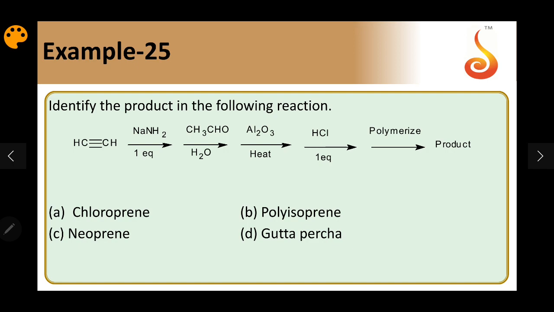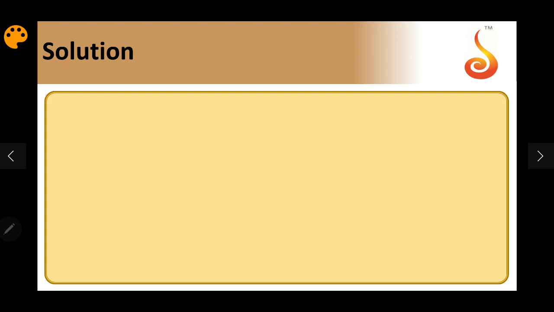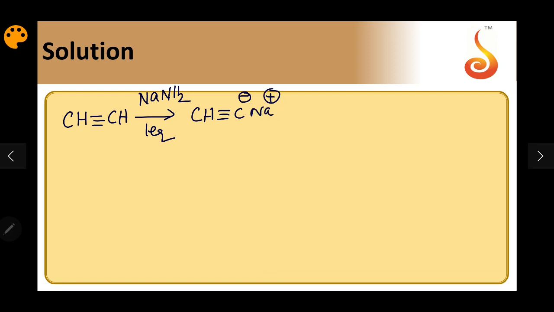Identify the product in the following reaction. So a series of reactions is given. We will just work that out. The given sequence goes like this. You have acetylene, one equivalent of NaNH2. So one hydrogen will be taken out, CH triple bond C minus, Na plus. Now this is attacking acetaldehyde.